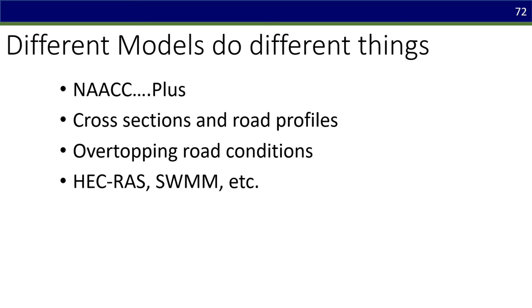If you imagine two culverts that are exactly the same, but they have different road profiles above them and different channels coming into them, they're going to have different hydraulics. The Cornell model treats them the same, because they're the same size culvert. But obviously, when you're thinking about road overtopping or backwater flooding, they're going to have very different responses. So that requires cross sections, road profiles, a bunch of other information, and requires a different level of modeling that may or may not be possible in a batch mode like what Cornell does.